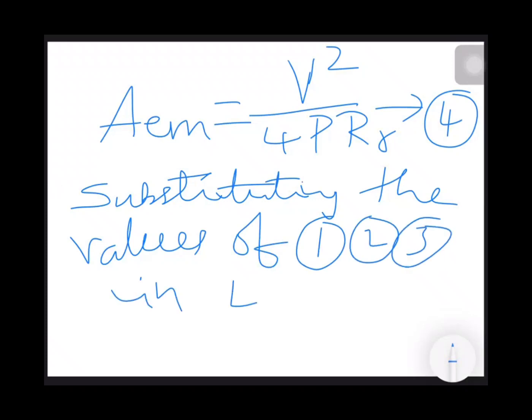in equation 4, we get the final value of maximum effective aperture for the lambda by 2 antenna. So, now substitute the values of equation 1, 2 and 3 in equation 4.